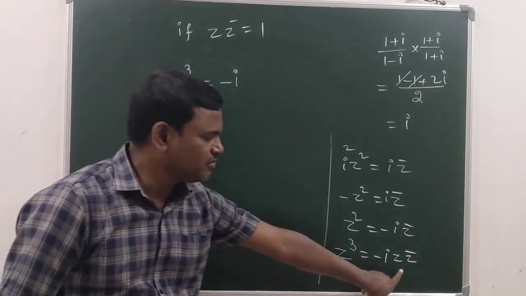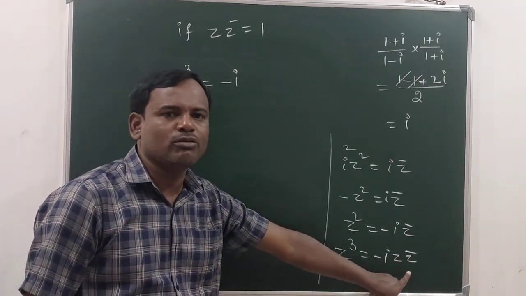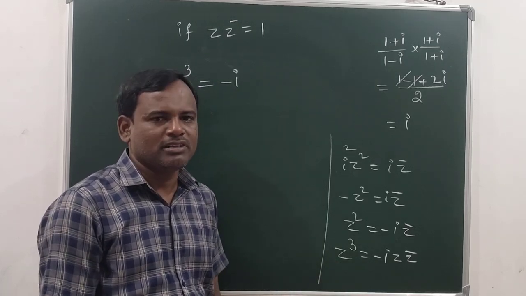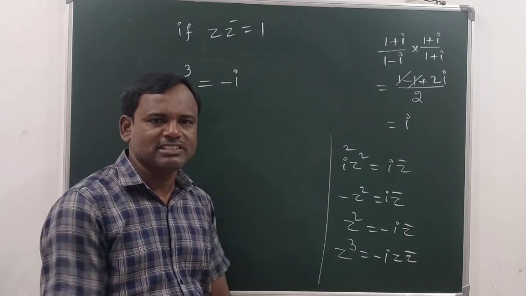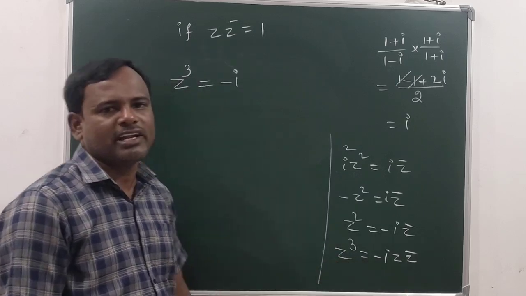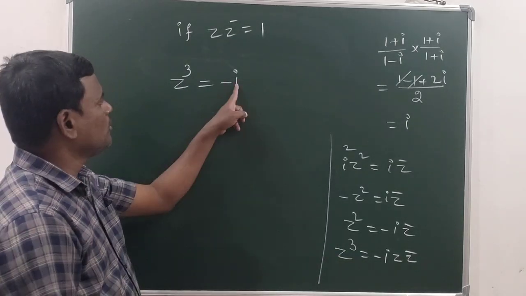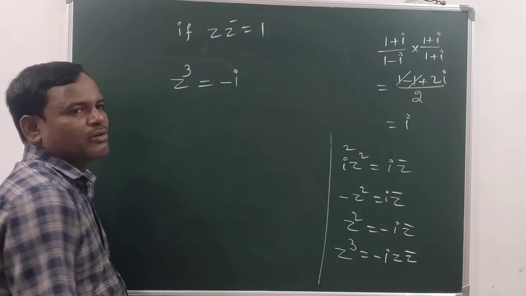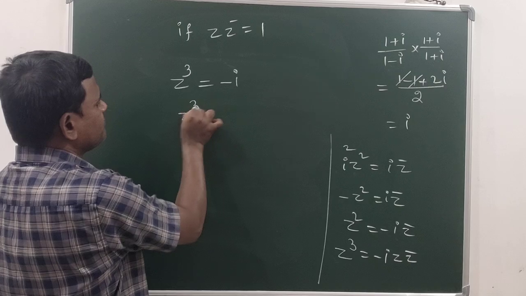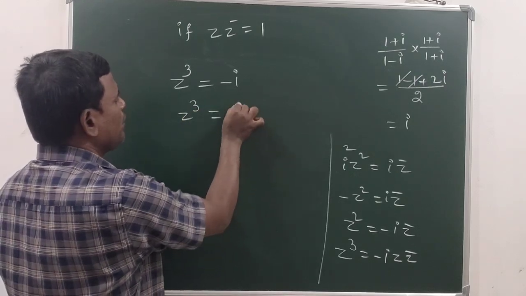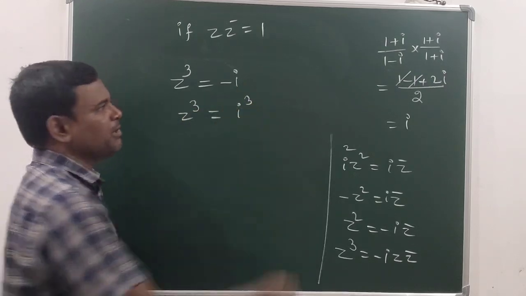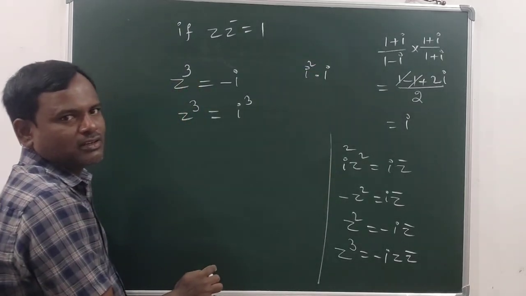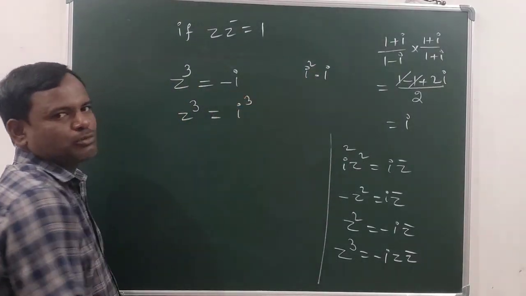Okay students, in place of this I kept 1. Actually this is not necessarily equal to 1, it may be any other real number. Just to make the simplification easy, I have taken this part as 1. So then it becomes Z cube equal to minus i. Now this minus i you can write as i cube, because i cube is i square into i, and i square value is minus 1, so minus 1 into i becomes minus i.